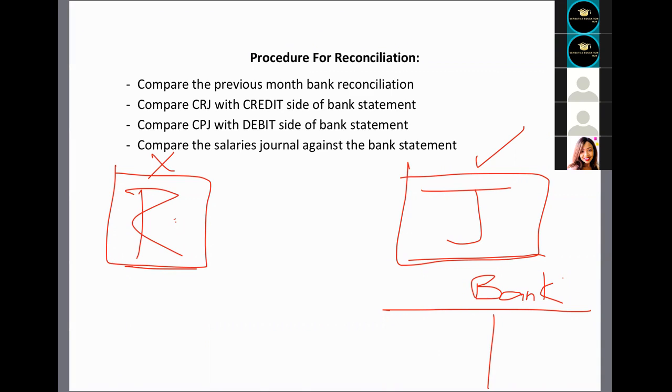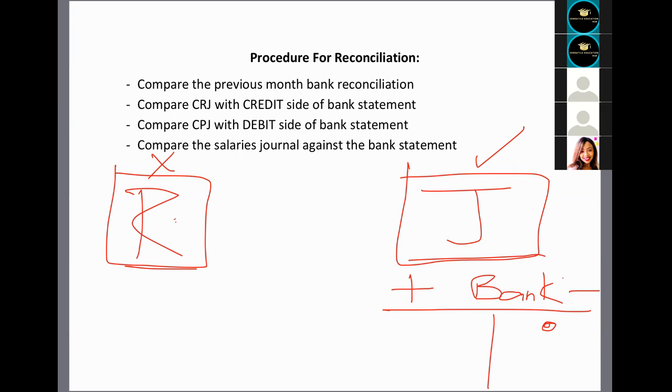On my debit side or on my credit side? Credit side. On my credit side, because my bank is not like my recon. My bank becomes more on my debit side and less on my credit side. So that means my bank charges make my bank account less, so I'm going to put it on my credit side. Are you guys with me?